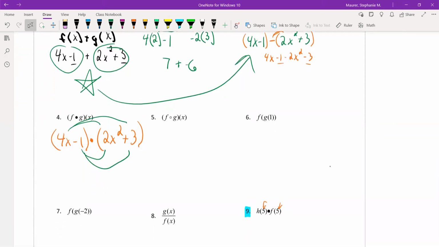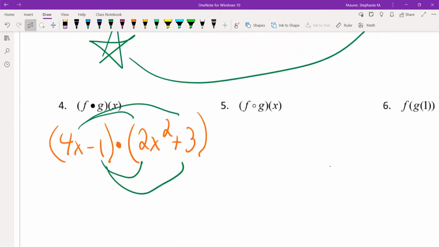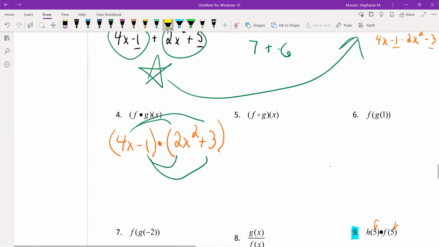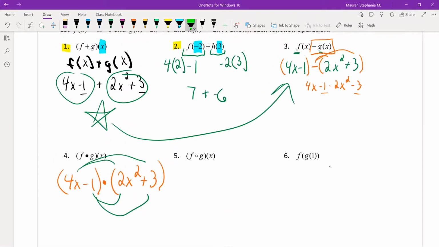Now, I'd like to take a moment to point something out in problems like this, and you see it in a lot of the problems, so I just want to address it here. If you give a quick overview of all of these problems, I want you to take notice of something. Check out how a lot of these problems are followed by an x in parentheses.